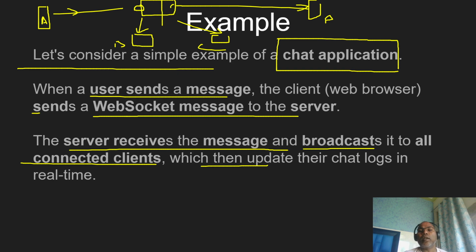Everyone is connected through a WebSocket connection, the connection is already established, and the server just pushes the data to the designated group of people who want to share the chats.